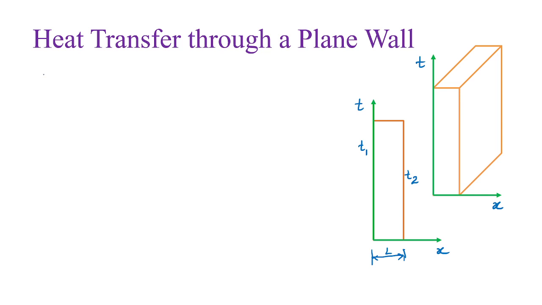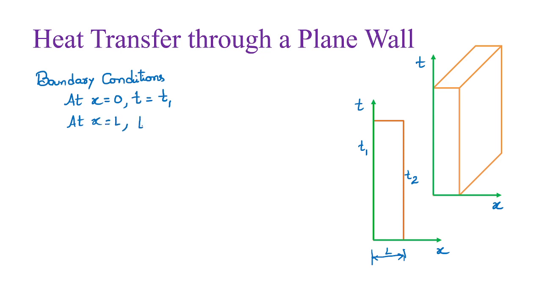So the boundary conditions that we need to consider here are that at x is equal to 0, the temperature T will be equal to T1, and at x is equal to L, the thickness, temperature is T2. In order to have heat transfer, let us assume T1 is greater than T2. So heat flow takes place in this particular direction.